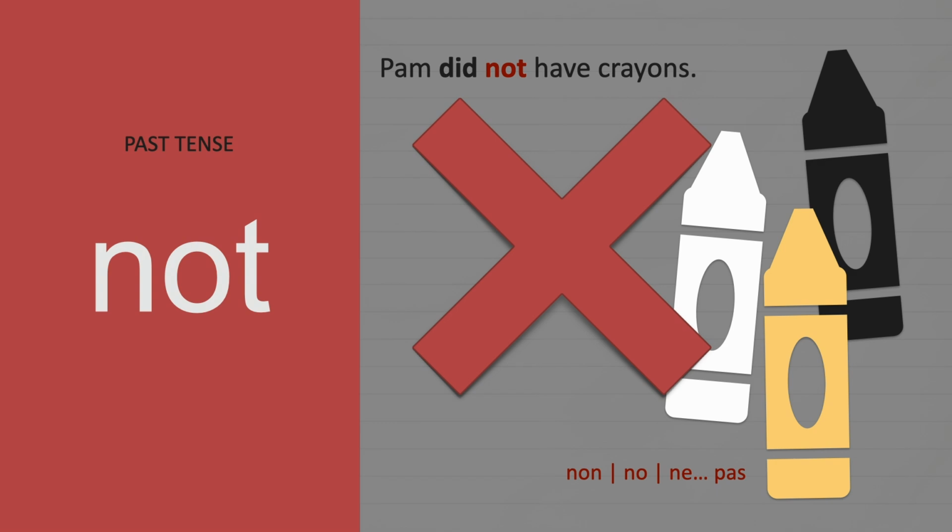And how now do you say this in the future tense? That's right. She will not have crayons.